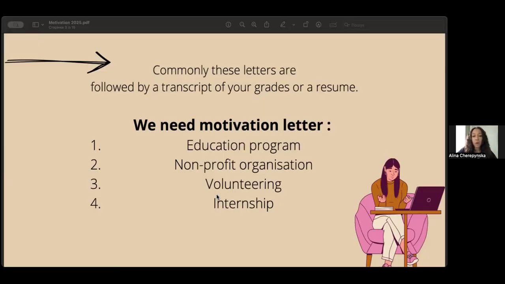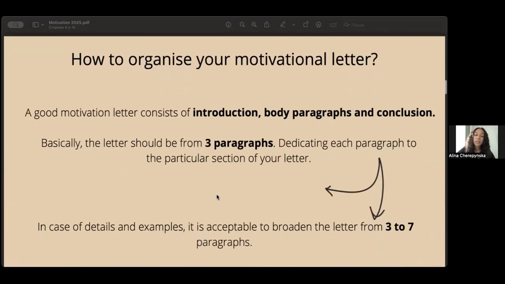Then it may be a nonprofit organization. It may be volunteering, it may be an internship, as well as I have mentioned, it may be some kind of job vacancies. Sometimes as a requirement, you need to write a motivation letter, as well as it may be some kind of courses, but usually, and the most common, it's some kind of programs, especially study programs and education programs.